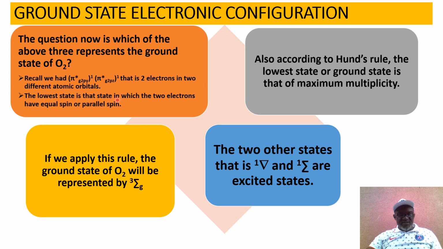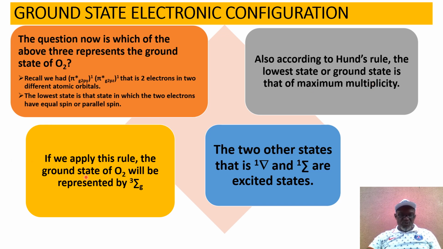The lowest state is that in which the 2 electrons have equal spin or parallel spin. Also, according to Hund's rule, the ground state is that of maximum multiplicity. Remember how we calculated our multiplicity.